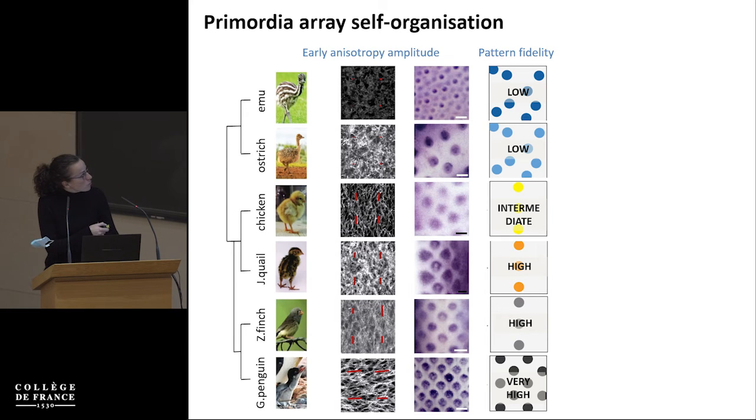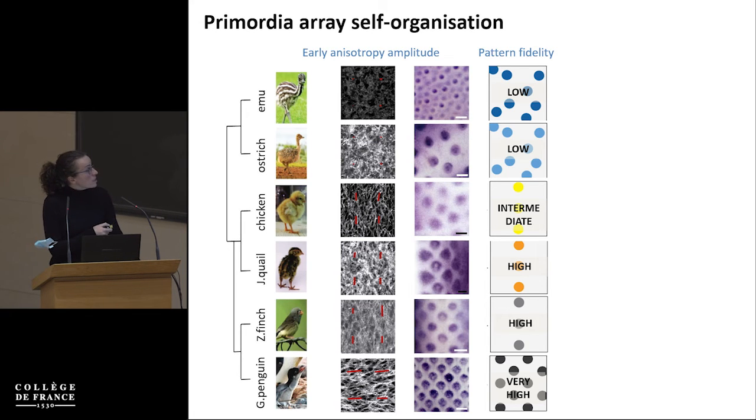But then we were able to correlate this natural variation in pattern fidelity with differences in early cell properties in the skin. Actually, the early anisotropy of cells. So these would be views of the skin in each of these species at a stage where no primordia are present yet.